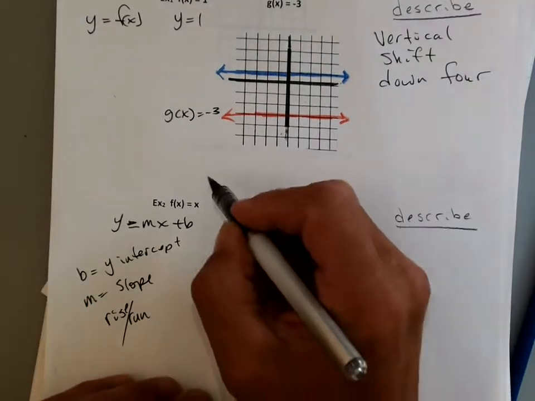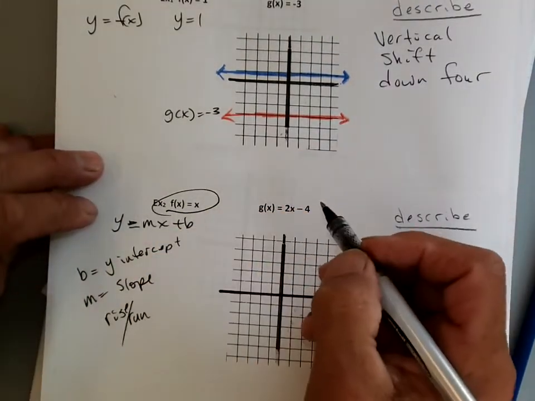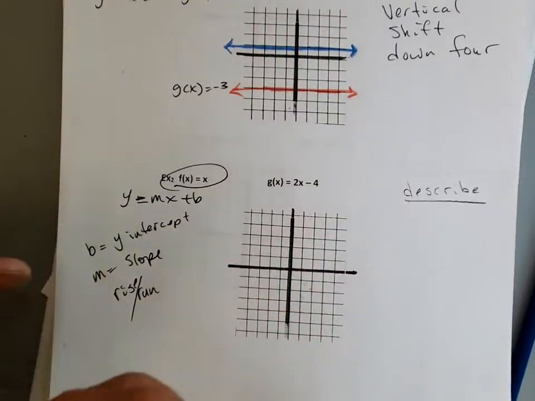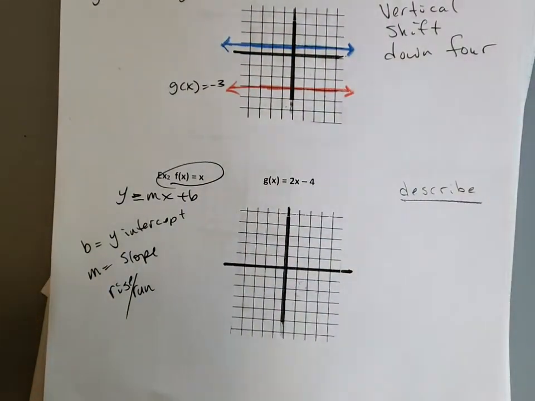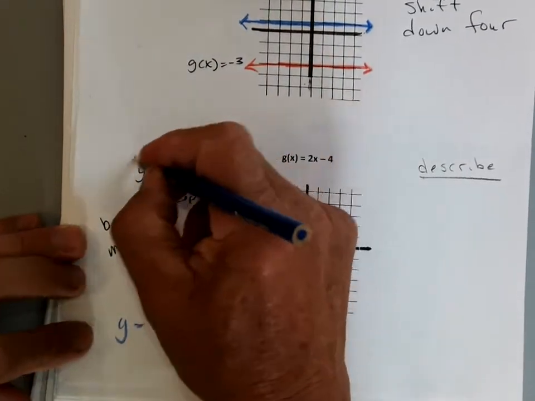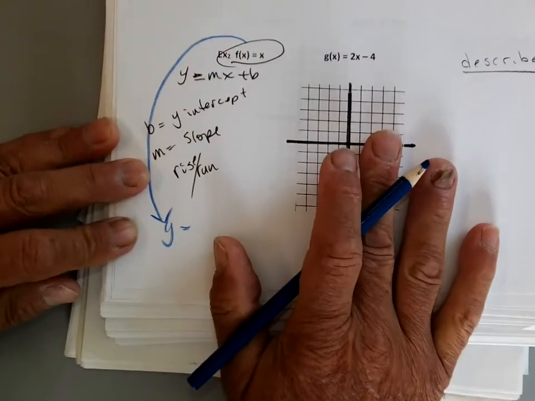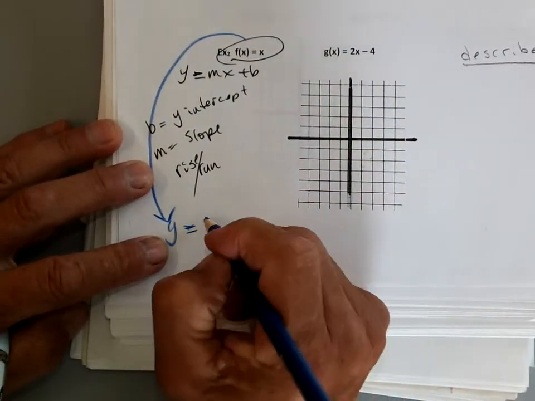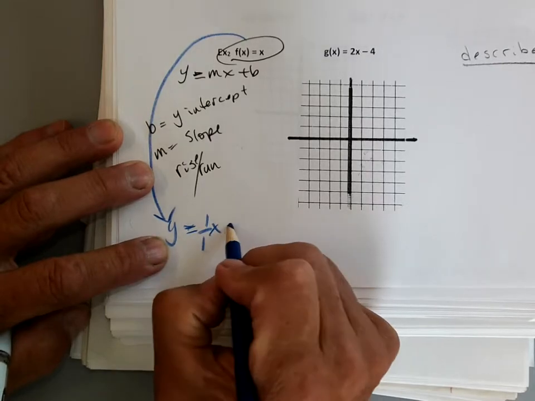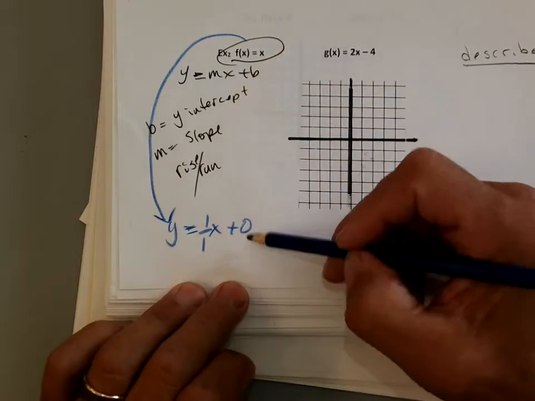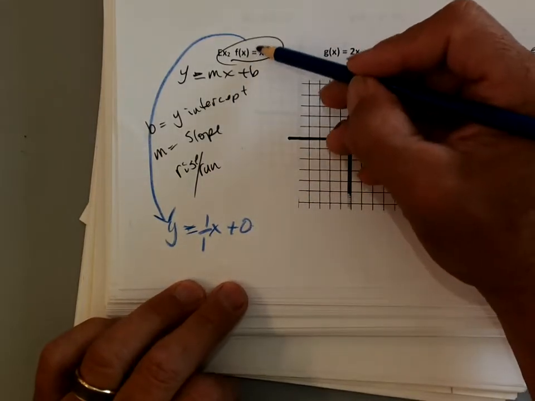So if I have plain old f of x equals x, well, the parent function then is y equals, same thing, y equals some x, but let's call it 1 over 1x plus 0. Now there are some invisible numbers. There's no 0 here, but I want a y-intercept, and there's no number 1 here, but I need a slope.